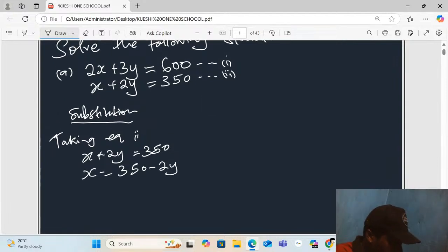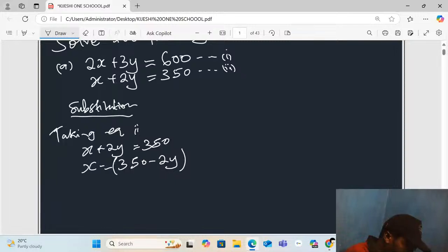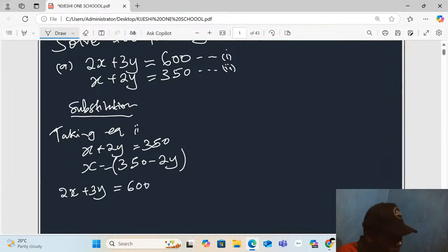Then we move to equation 1. We substitute the value of x with 350 minus 2y. Equation 1 says we have 2x plus 3y equals 600.